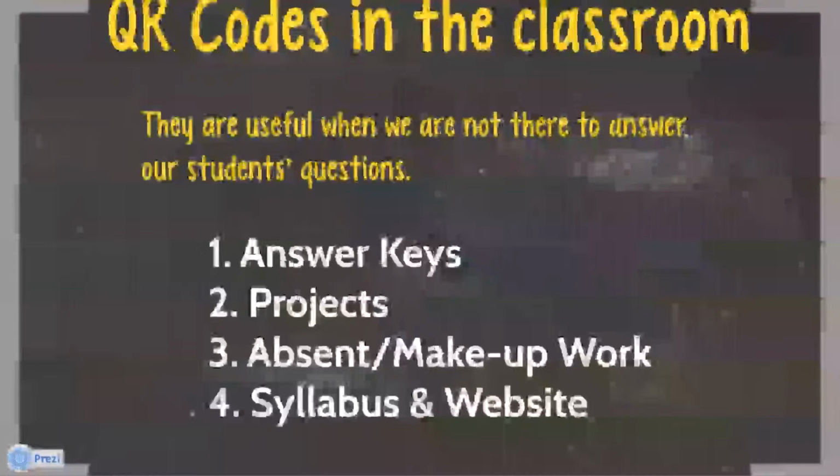It's important that we do a portion of that, but sometimes we can't be there all the time for the kids. So if you include a QR code on the back of a worksheet or as part of a homework assignment, the kids can go back and check their answers.